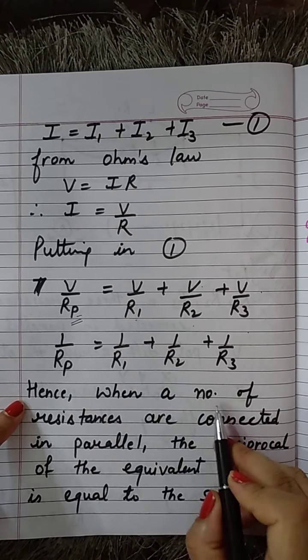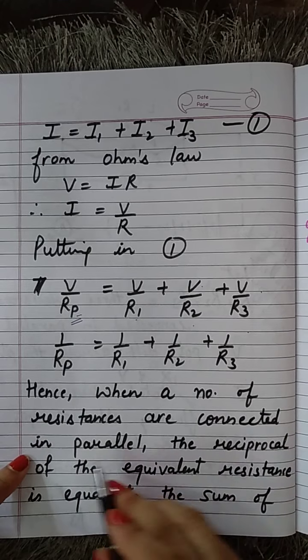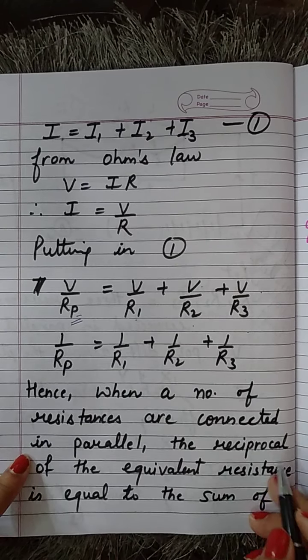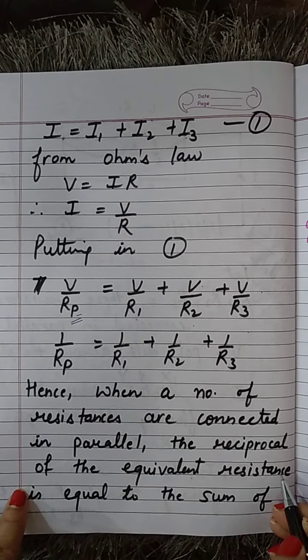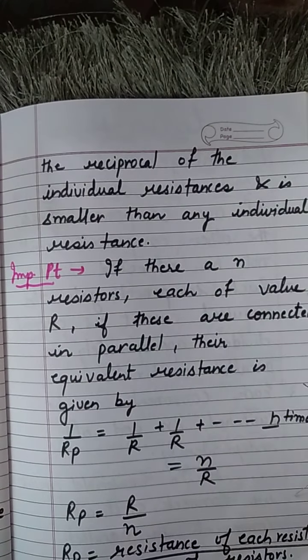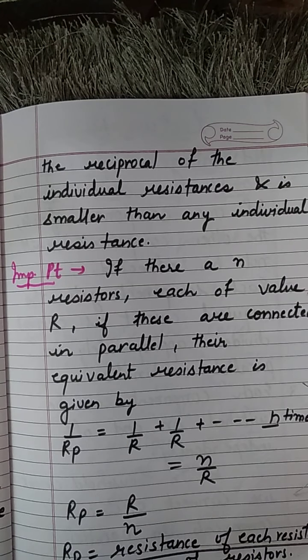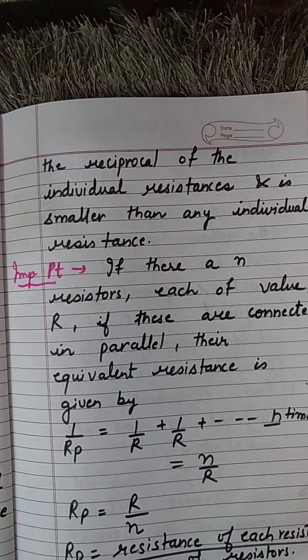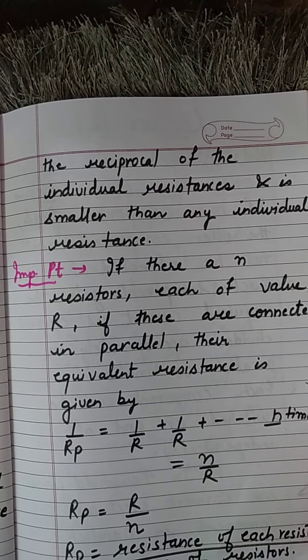Hence, when a number of resistances are connected in parallel, the reciprocal of the equivalent resistance is equal to the sum of the reciprocals of the individual resistances, and it is smaller than any individual value.